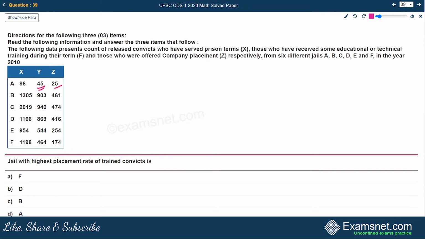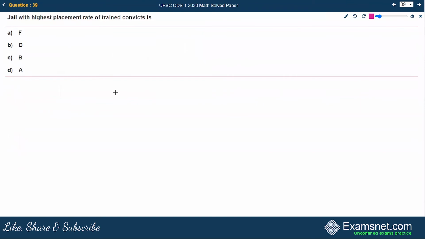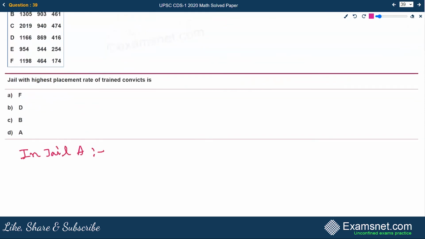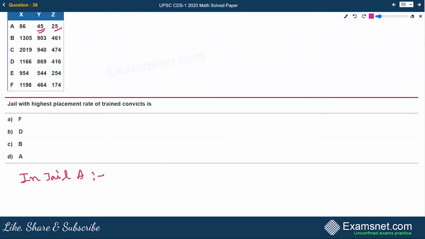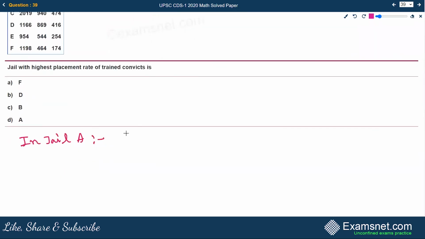Out of the number of convicts, those who got the training. So in jail A, 45 got the training, among which 25 were offered placement. So the placement rate is 25 by 45 multiplied by 100, that is 55.55%.